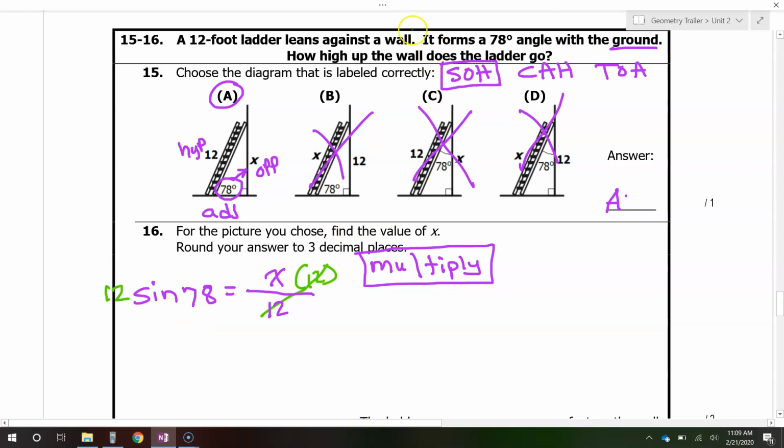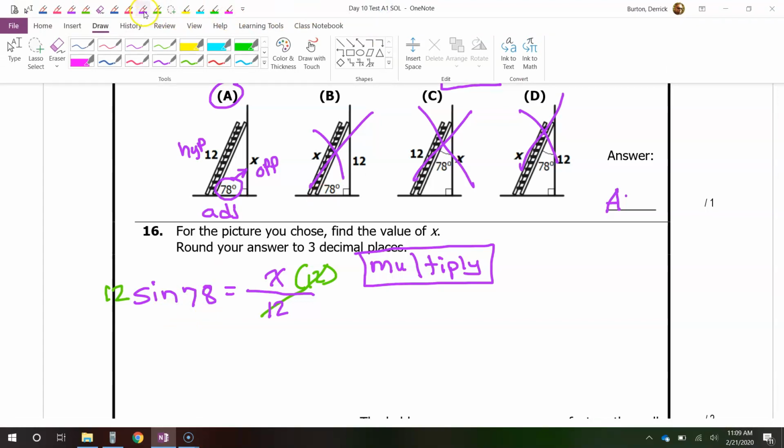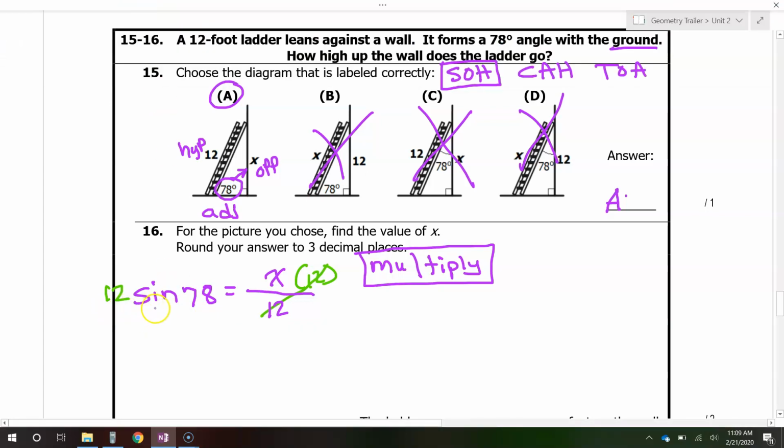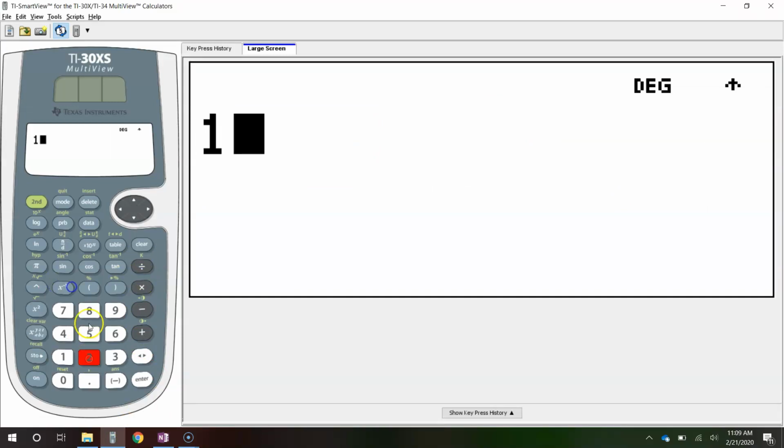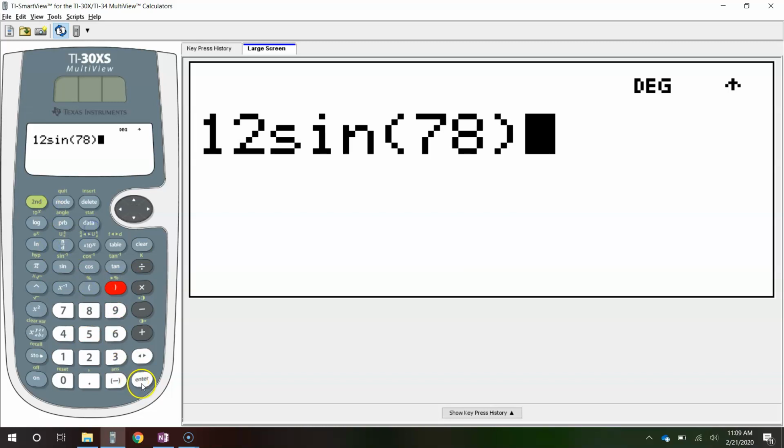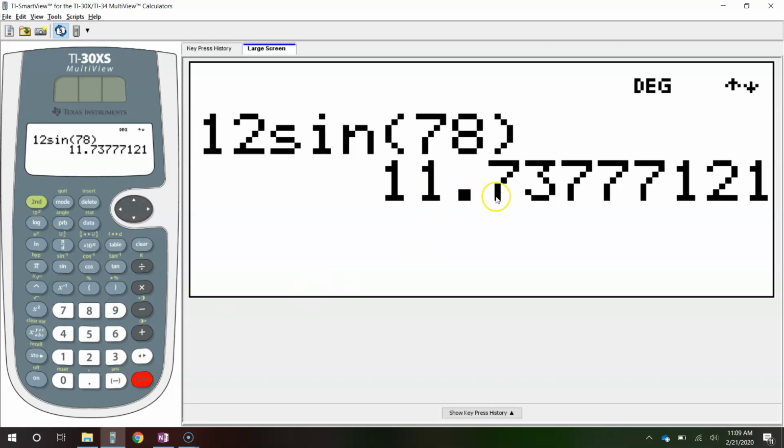This is something you can put in your calculator. 12 sine 78. 11.738. Got to round up. 11.738.